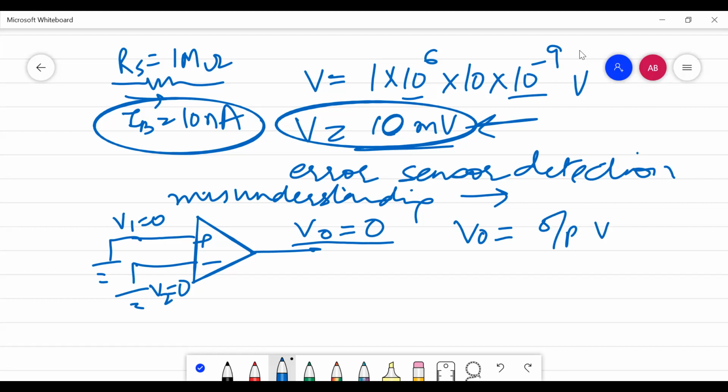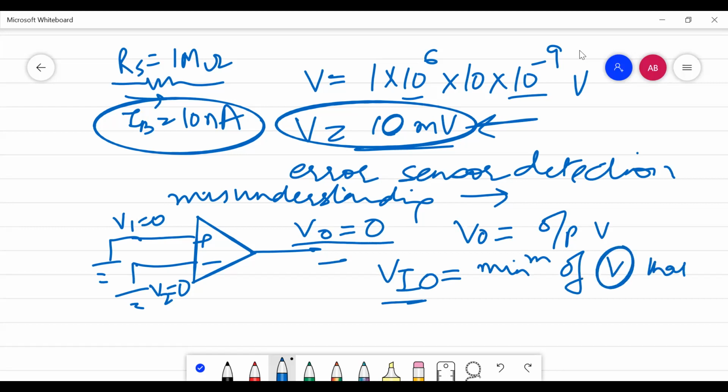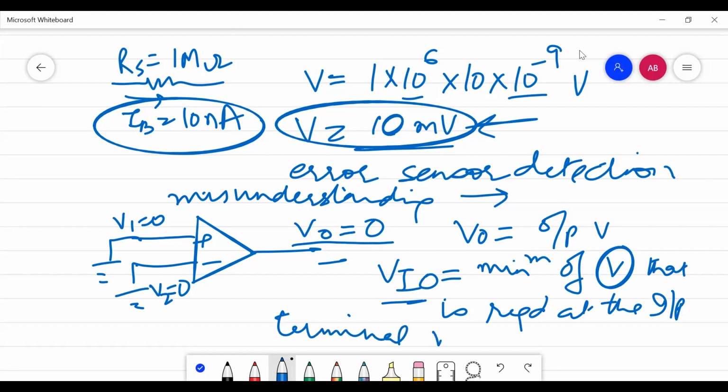So the input offset voltage that is given by VIO is given as the minimum amount of voltage that is required at the input terminal to make VO equal to 0. So it should be minimum again as much as possible.